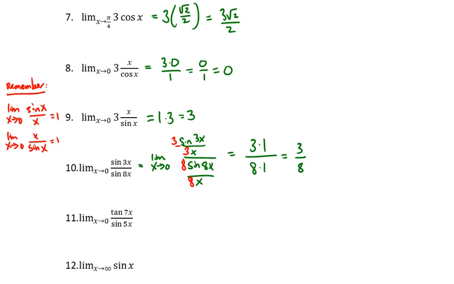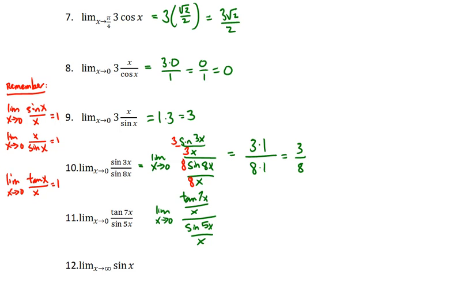Remember that another one of our important limits is the limit as x approaches 0 of tan x over x, and that's also 1. So similar to problem 10, we're going to divide top and bottom by x. So we have the limit as x approaches 0 of tan of 7x over x divided by sine of 5x over x.